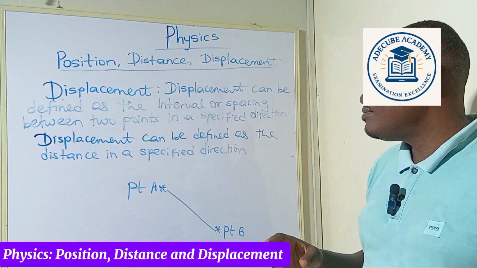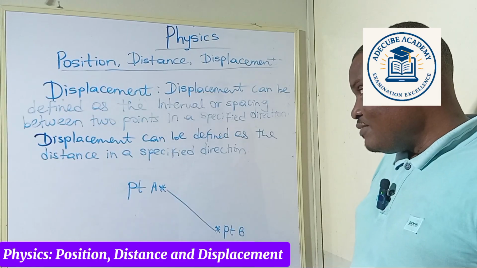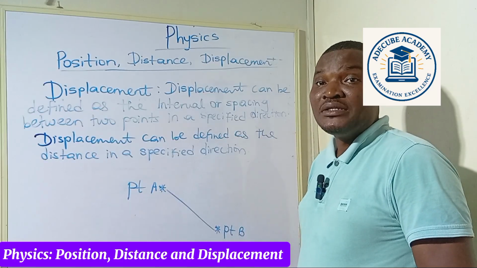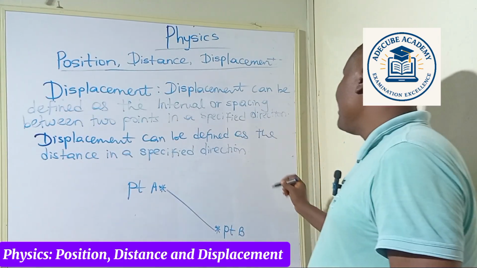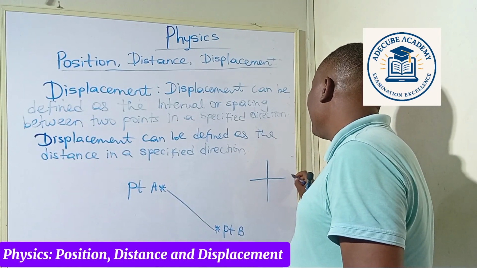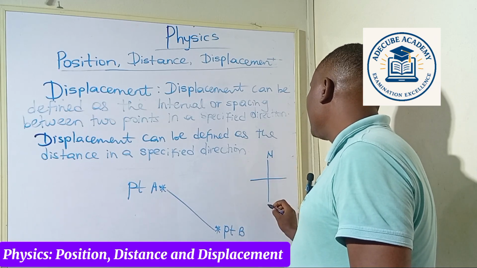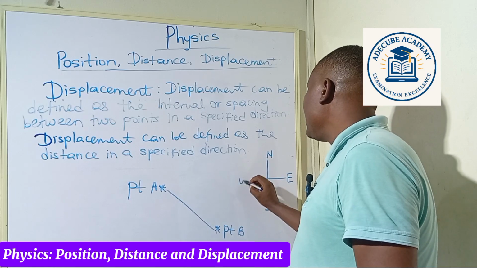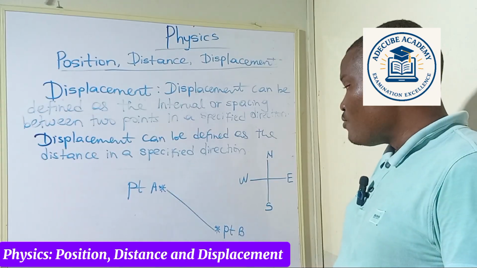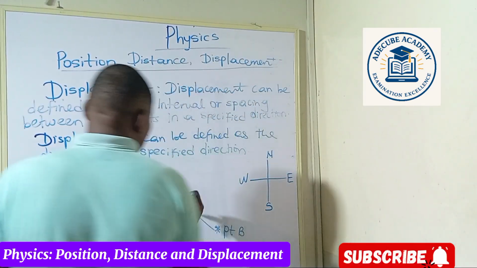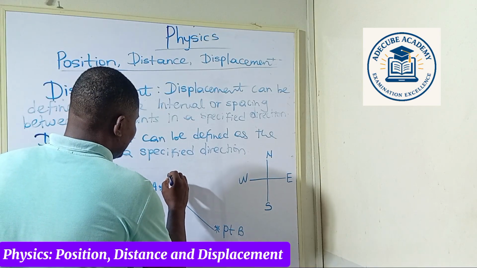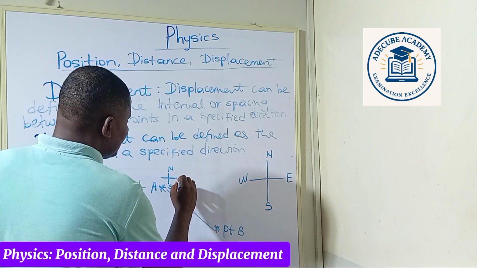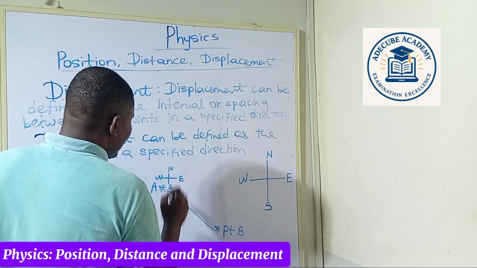But in the case of displacement, displacement will put into consideration at what direction this distance is taking place. Well, for instance, if you are talking about direction, then we make mention of our cardinal points. And remember our cardinal points, whereby we have the north, the south, the east, and the west. Now, if we position that close to point A, we have the north, the south, the east, and the west.